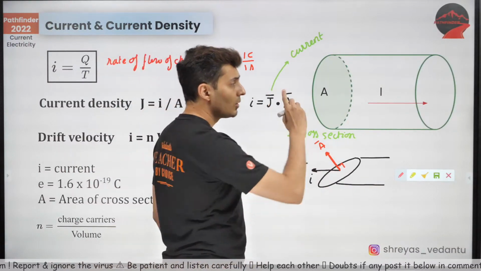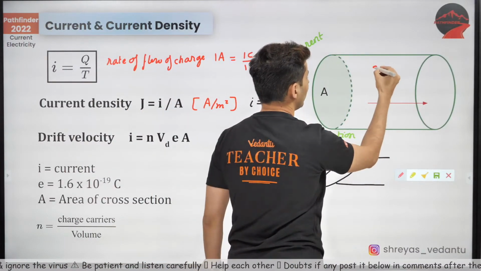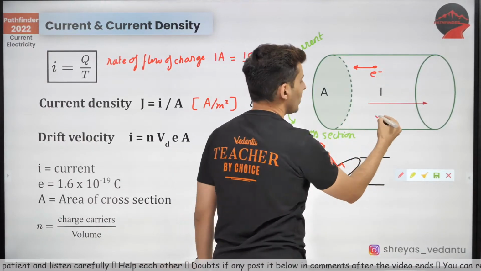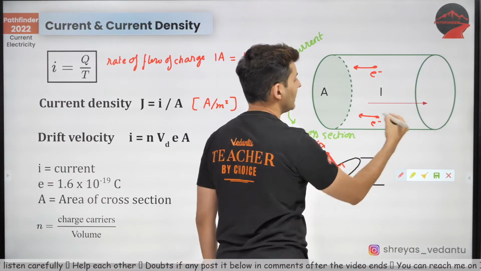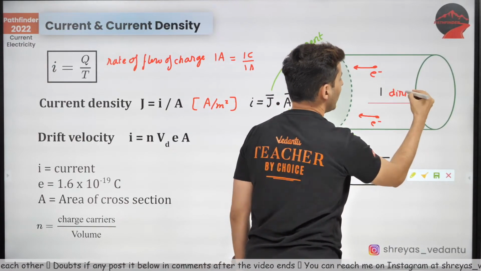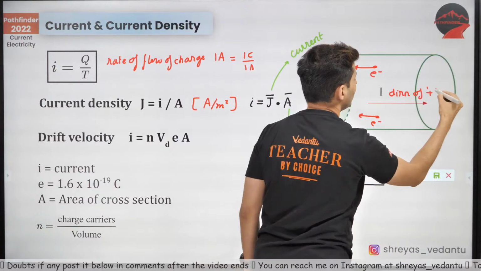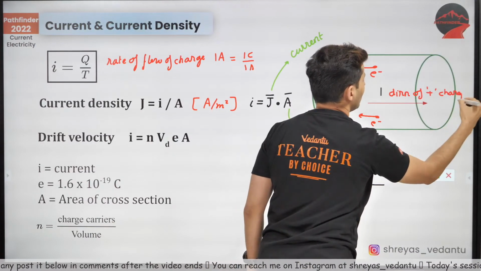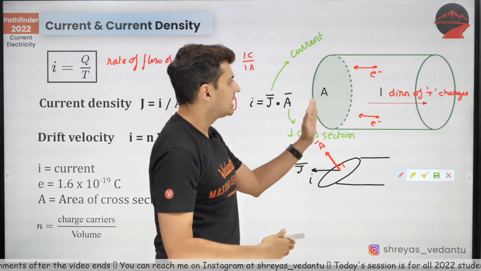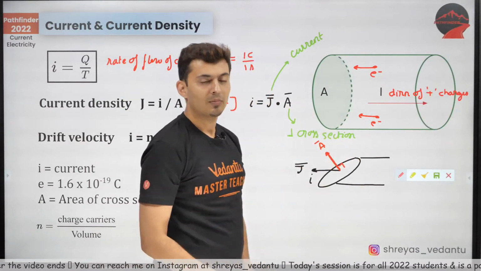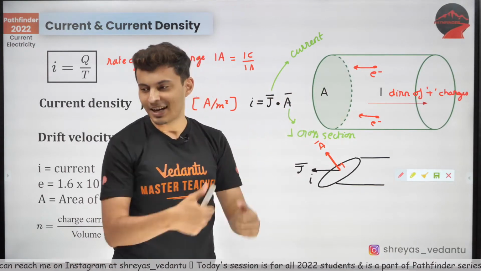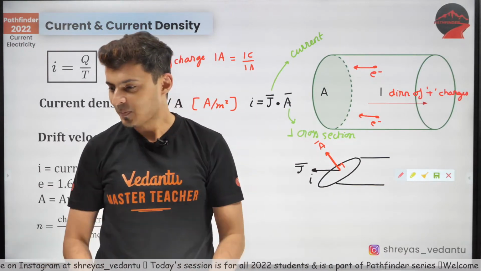But in case of normal conductors, the electrons themselves move backwards, opposite to the direction of the conventional current. So current is always in the direction of positive charges. So when I say negative charges go this way, it's as good as saying positive charges are going that way. So that's why current and electrons have opposite directions. I hope that is clear.